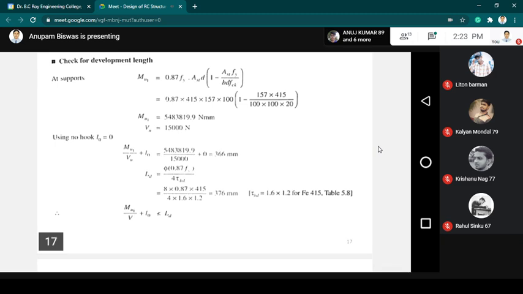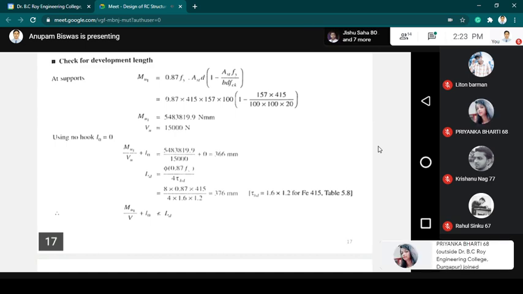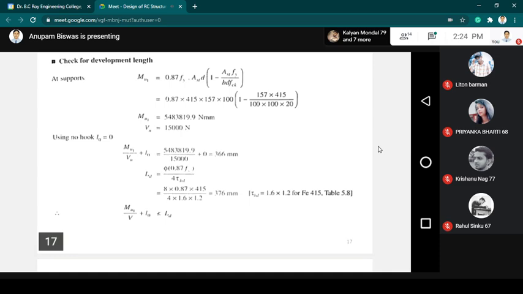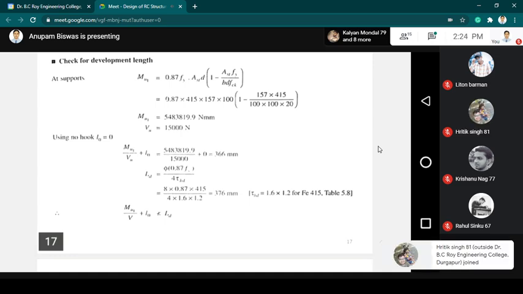Now we have to check whether the value for the corresponding tau bd, that is 1.6 into 1.2, is within the permissible limit for M1 by V plus L naught or not. Since the value of M1 by V plus L naught is less than development length LD, hence it is okay.